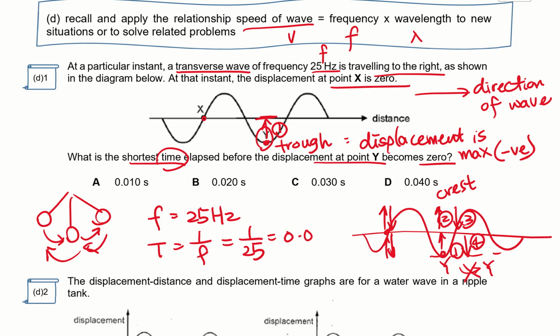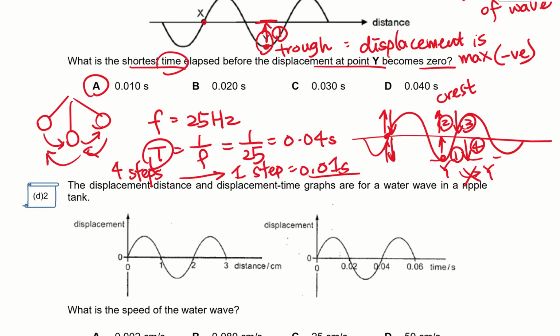So it's 0.04 seconds. Now within a period, there should be 4 steps, and therefore, 1 step would take 0.01 second. So what's the shortest time elapsed before the displacement at Y becomes 0? It's going to take 1 step, and we have calculated that 1 step is 0.01, so the answer is A.